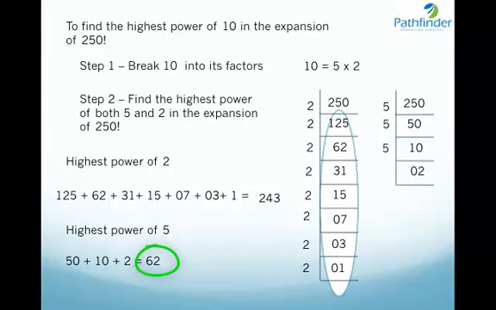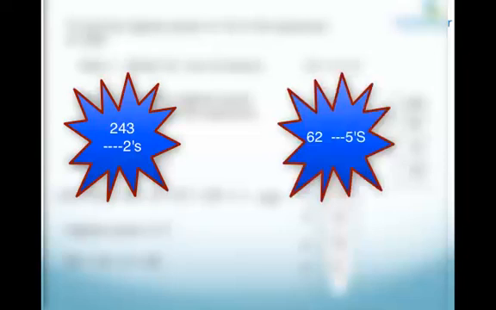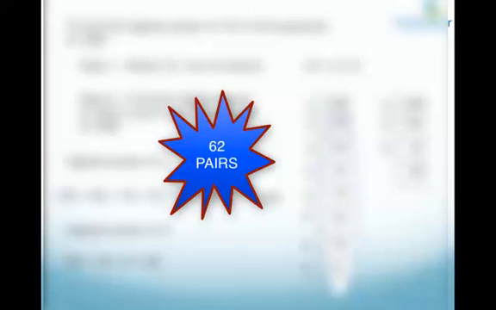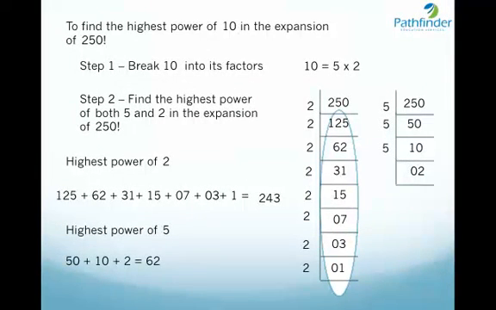Which implies that we have 243 twos and 62 fives. So how many pairs of 5 and 2 can we get? We can only get 62 pairs of 5 and 2. If you are unable to understand this, just imagine that there are 243 boys and 62 girls in your class.